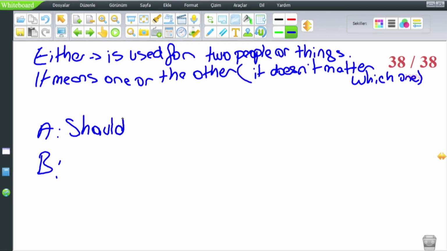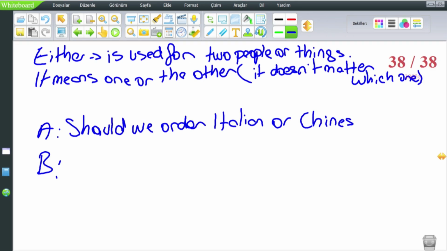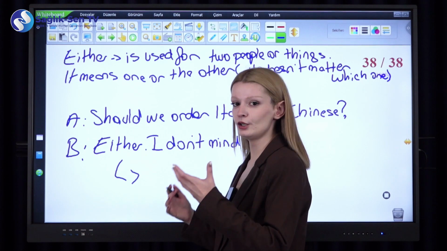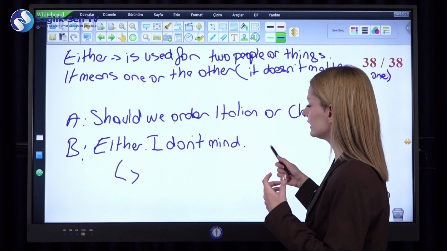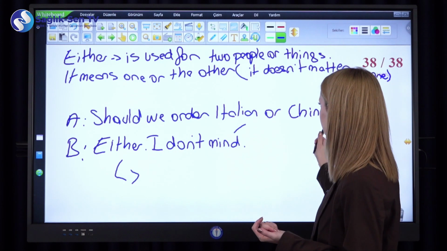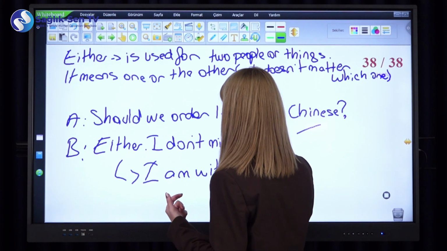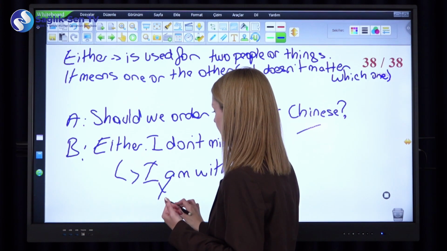A: Should we order Italian or Chinese? And B says: Either. I don't mind. It means that we can order one of them. It doesn't matter. We can order Italian or Chinese. I am fine with both. You can pick one.